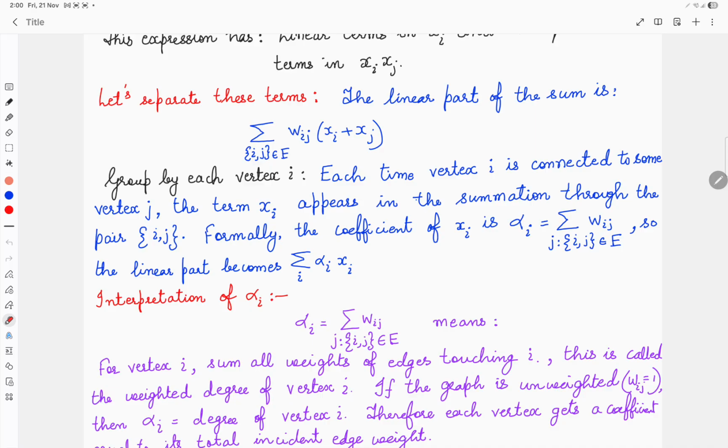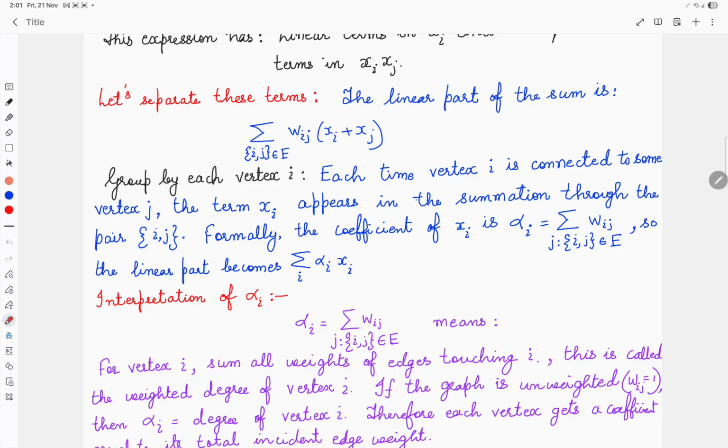We will see the interpretation of alpha i, but what I'm trying to say is there are two terms, one is xi and xj. We are considering all the vertices defined by i. And what will be xj? So xj are those vertices which are ending up at vertex i.